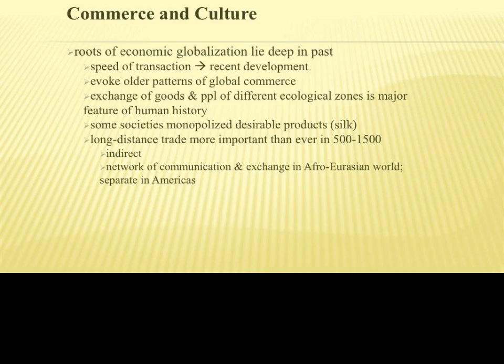And it was a good solid 1,000 years of very important exchange. And most trade was indirect. There were creations of networks of communication as well as exchange and trade across the Afro-Eurasian world. And notice that's Afro-Eurasian. That's Africa, Europe, and Asia. So we see a connection between 3 of the 7 continents. And there were separate webs in parts of the Americas.